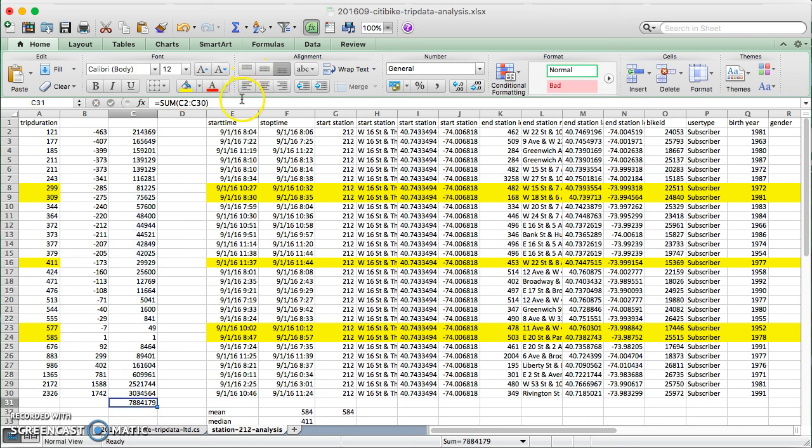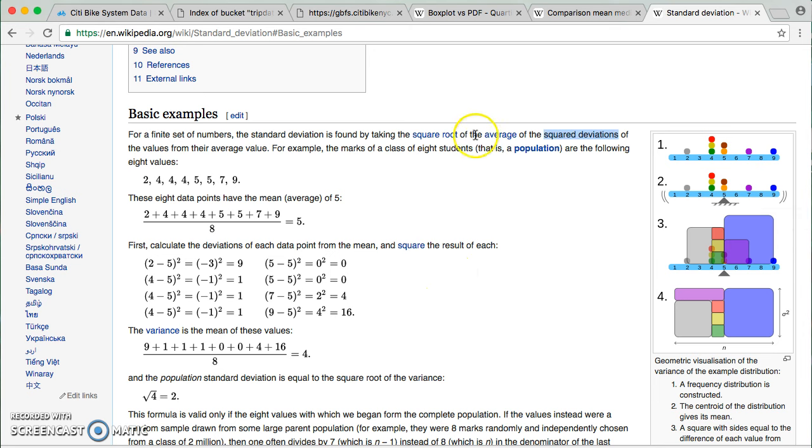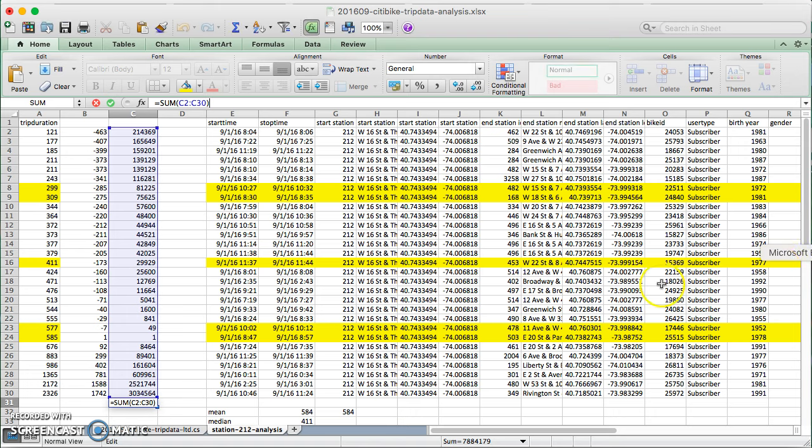Okay, but what's the next step here? Now I have to divide it by the number of entries. So I've taken the sum, now I need to divide it also. So it's the sum of that divided by, I still have 29. Okay. So again, I'm not going to round until I have finished my calculations. When I finish my calculations, I can round.